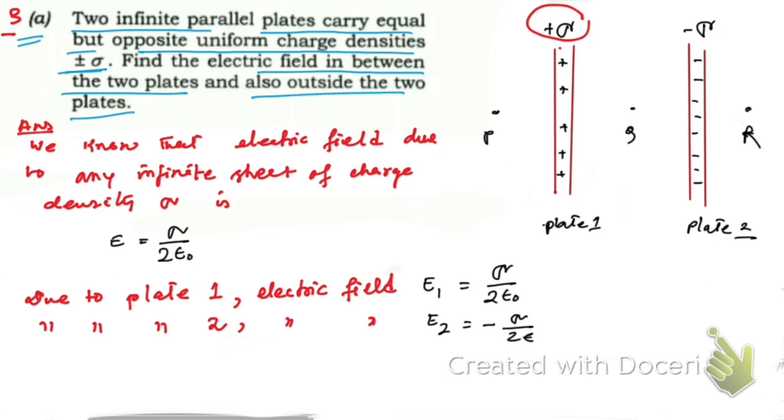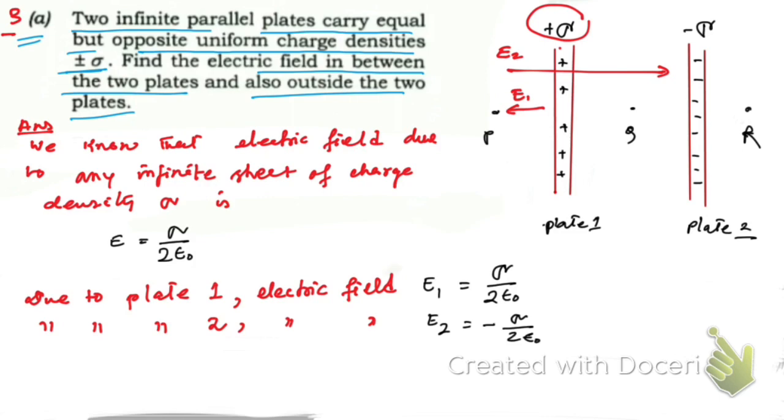Here you see the direction of E1 should be away from this positively charged plate, because the electric field due to a positive charge is away from the charge, and the electric field due to this negatively charged plate should be towards the negative charge. So this is the direction of E2, right? They are opposite in direction.